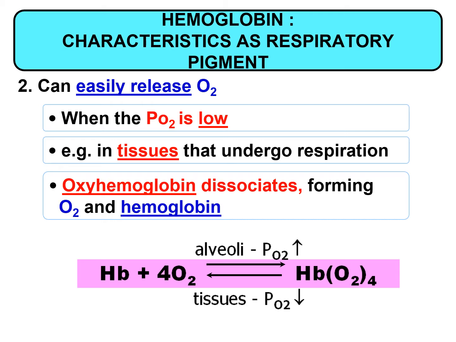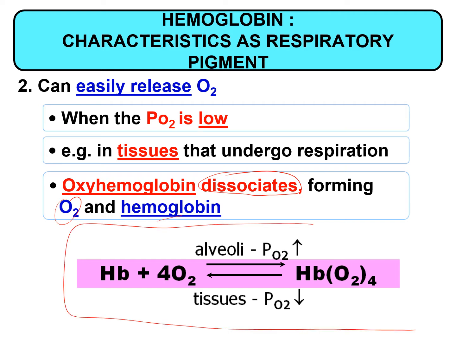Okay, so when oxyhemoglobin arrives at the respiring tissue, it will tend to dissociate, forming oxygen and hemoglobin. Looking at this equation, we can see hemoglobin binds to oxygen.